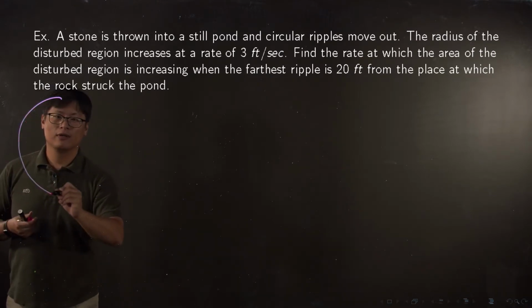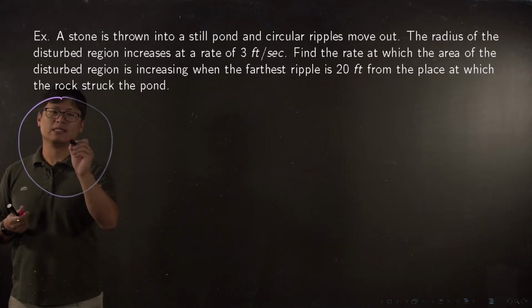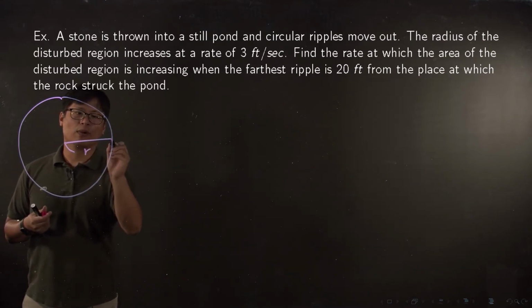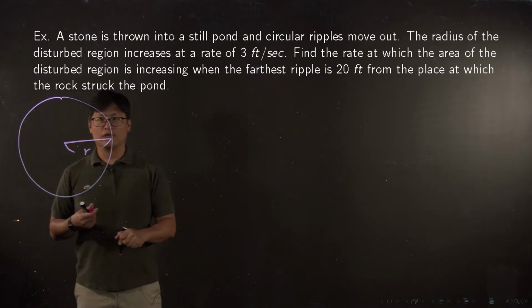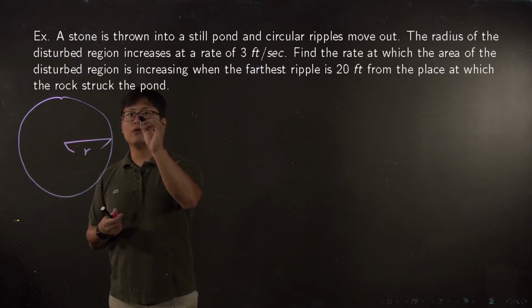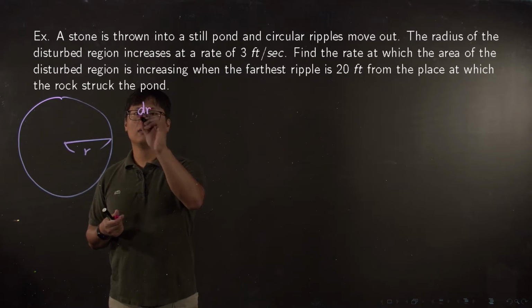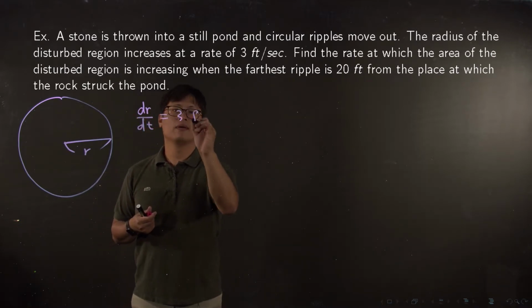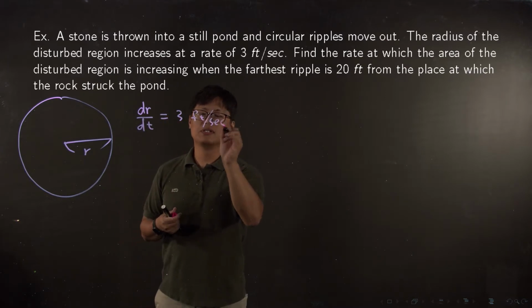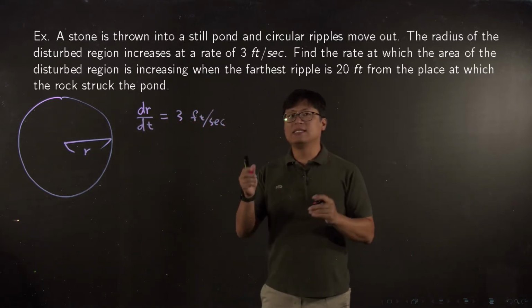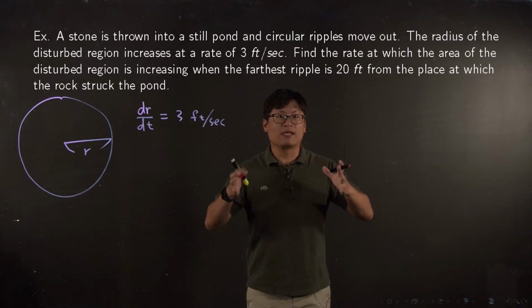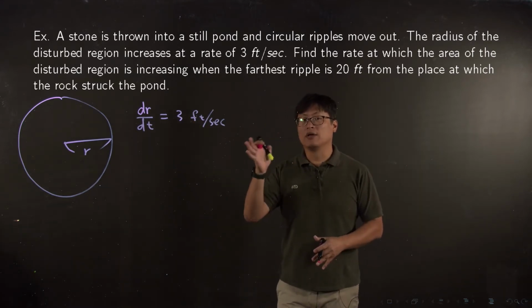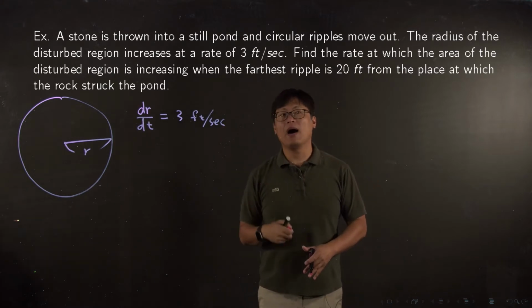At some instant you have a circle, and they are talking about the radius. So let's say the radius is r. Then they gave you dr/dt equal to 3 feet per second. Keep in mind that since your circular ripple is getting bigger and bigger, the rate of change of r with respect to t must be positive, right?